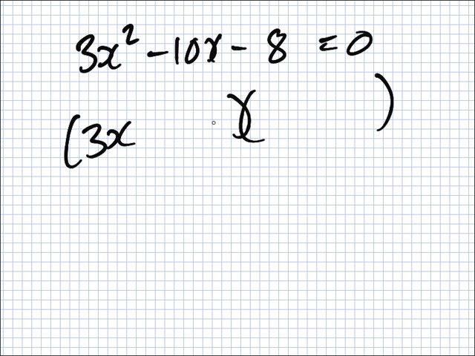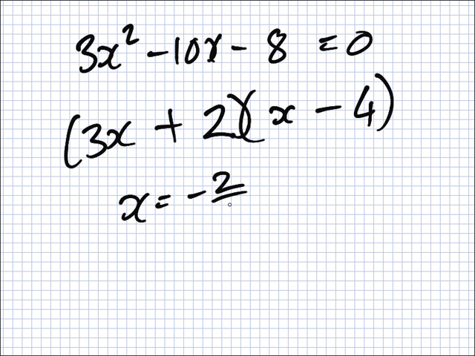Well, it's not 8 and 1. It's 6 and 2. 4 and 2. Yeah, it's 4 and 2. So, 12. 4 here, 12, take away 2 makes the 10. But I needed negative 12 and a positive 2. So x is minus 2 over 3 or 4.